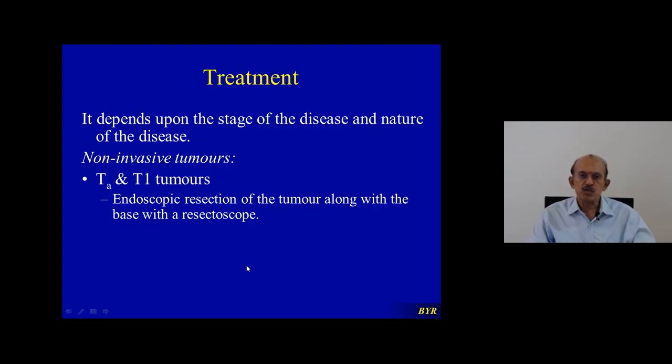That means it is a cystoscope fitted with a loop which is connected to a bipolar diathermy. With the help of the bipolar diathermy, you will cut around the lesion, and the mucosa with the lesion is separated from the underlying muscle wall and removed. So with the help of endoscopy, the resection can be done.